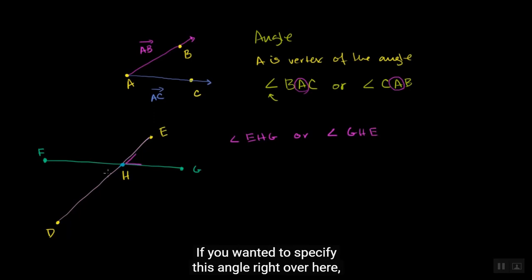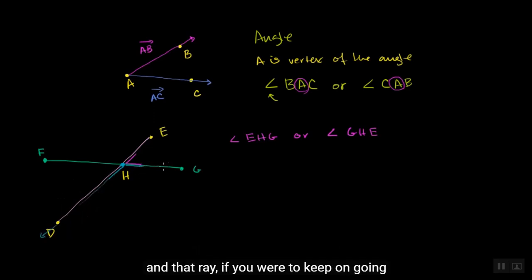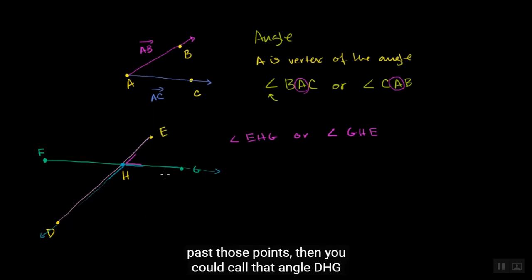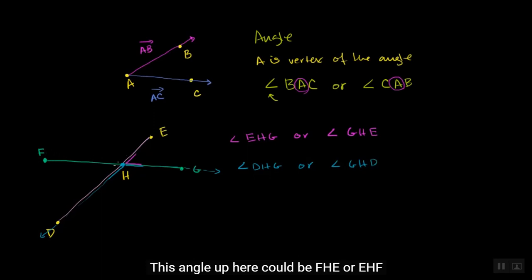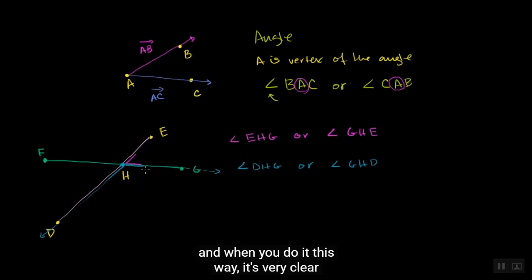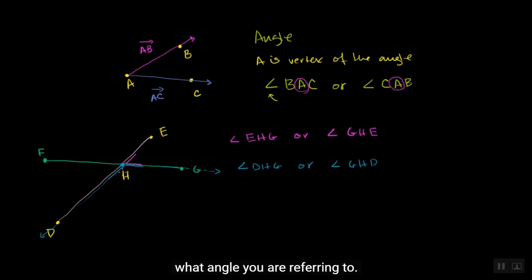If you wanted to specify this angle right over here, the one made up of that ray and that ray, if you were to keep on going past those points, then you could call that angle DHG, or angle GHD. I think you get the point. This angle up here could be FHE or EHF, and this one could be FHD or DHF. And when you do it this way, it's very clear what angle you are referring to.